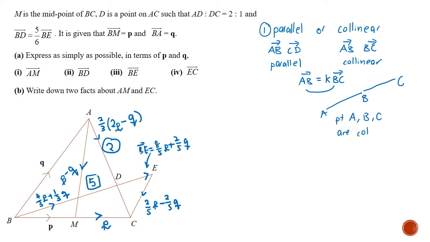That means they lie on a straight line. The other facts that we have to look out for will be the magnitude of vectors AM and vector EC. And let us look at how we do that now.